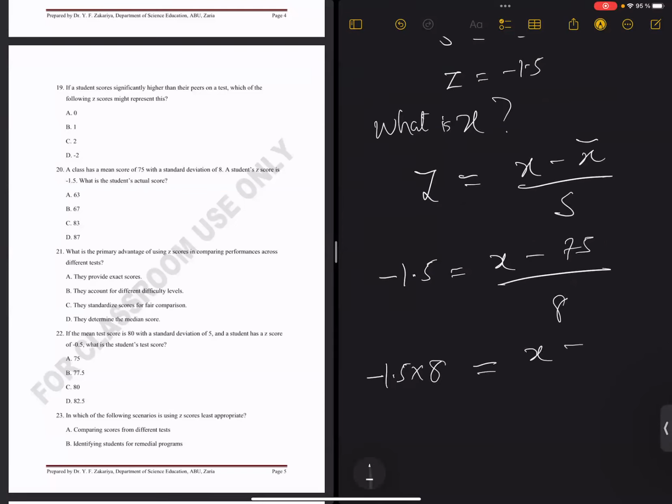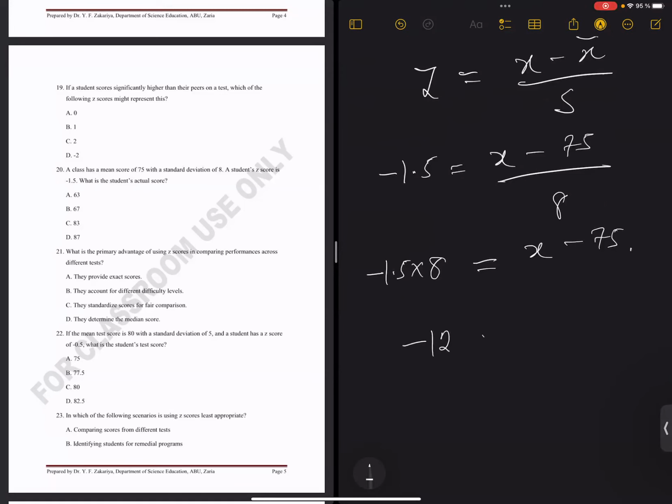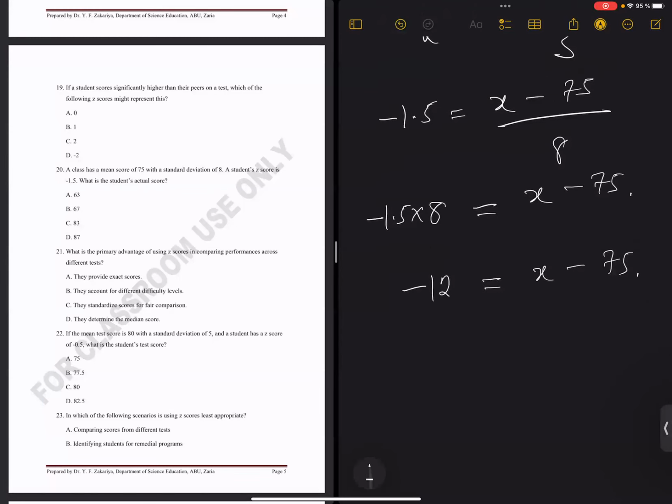Equals -1.5 times 8, if I'm not mistaken, and that is equals x minus 75. Please confirm the calculation. It can be wrong. So this means that -12 plus 75 equals x. This is plus 75 because I'm taking this minus across the border, and that border is the equals sign. So whenever minus crosses the border, it turns to plus. The same thing, whenever plus crosses the border, it turns to minus.